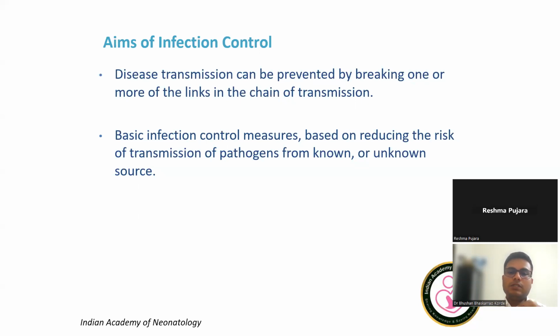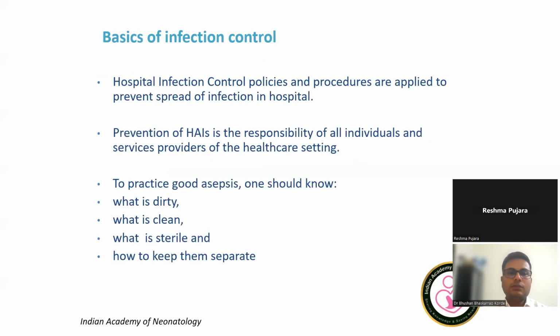Basic control measures include reducing the transmission of pathogens from known or unknown sources. The basics of infection control also include policies to control infection and procedures to be applied to prevent the spread of infection in the hospital. Prevention of hospital-acquired infection is the responsibility of all the individuals and service providers of the healthcare setting. To practice good asepsis, we should know what is dirty, what is clean, what is sterile, and how to keep them separate.